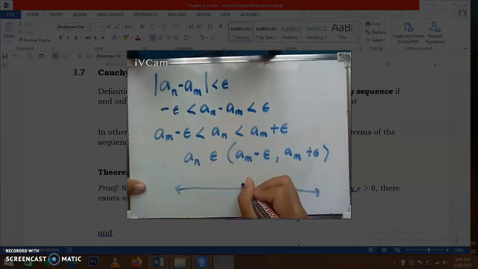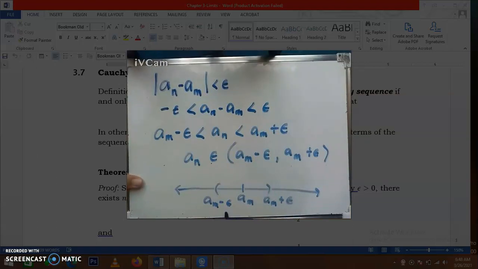We have here a sub m. So say this is our a sub m minus epsilon, and this is our a sub m plus epsilon. For any epsilon, this open interval depends on our epsilon. If we make our epsilon, the distance from this point to this, smaller, our open interval becomes smaller.